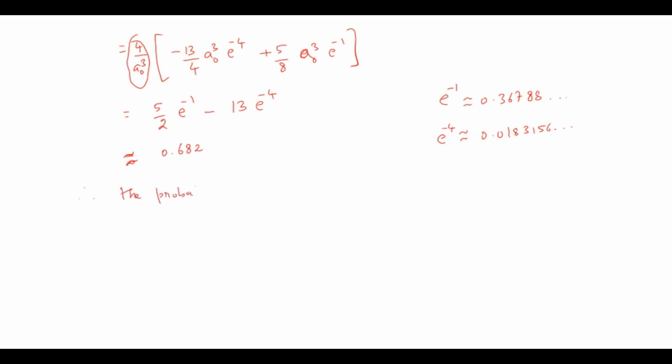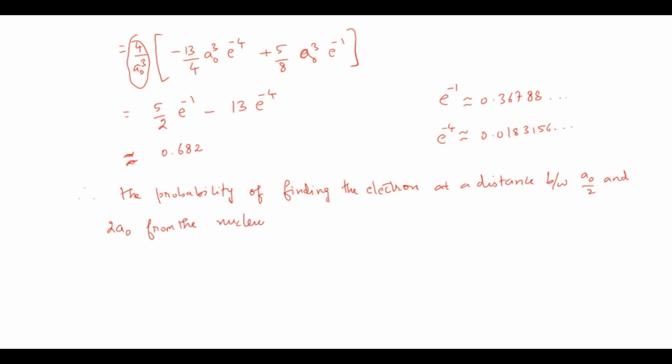Therefore the probability of finding the electron at a distance between a naught by 2 and 2a naught from the nucleus is 0.682.